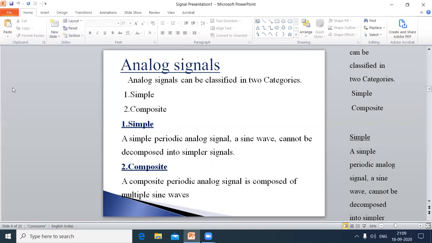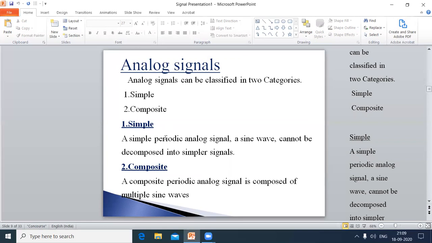Simple, this sine wave is the most fundamental form of a periodic analog signal visualized as a simple curve.